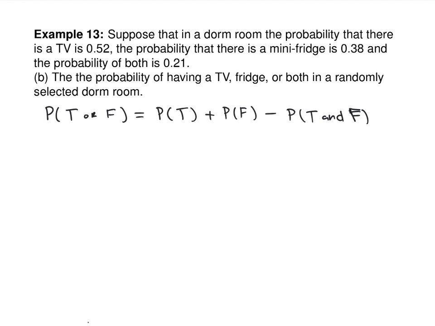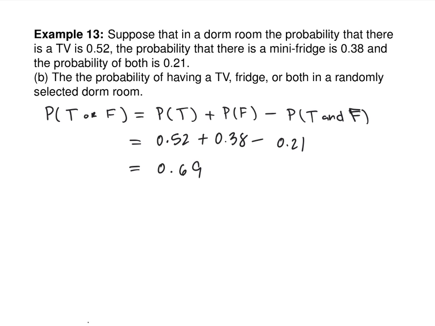They mean something really serious in this class, because and means both, and or means one or the other, or both. So what's the probability of there being a TV? 0.52. Probability of there being a fridge? 0.38. And probability that there's both? 0.21. And you get that this is 0.69, I believe. Yep. Okay.